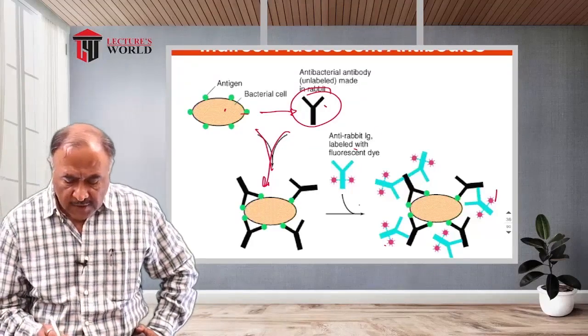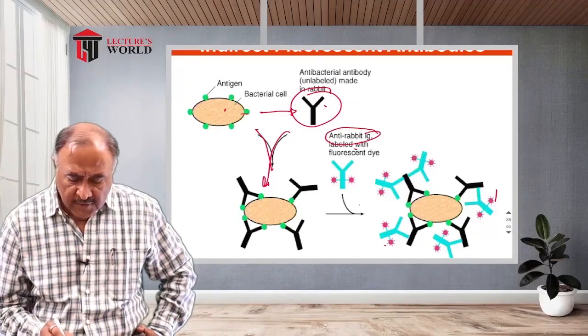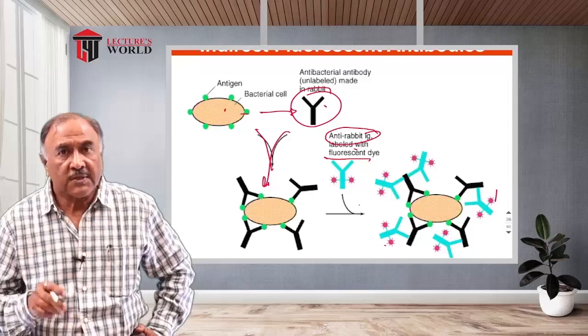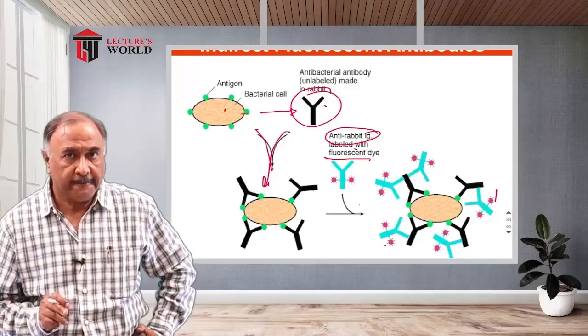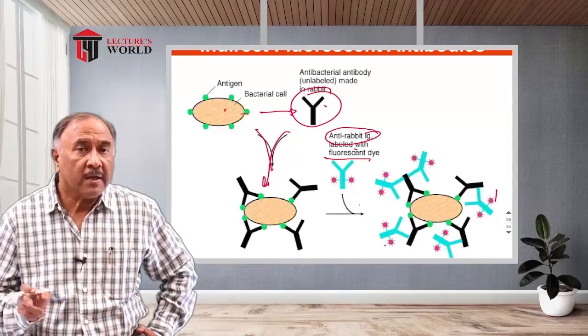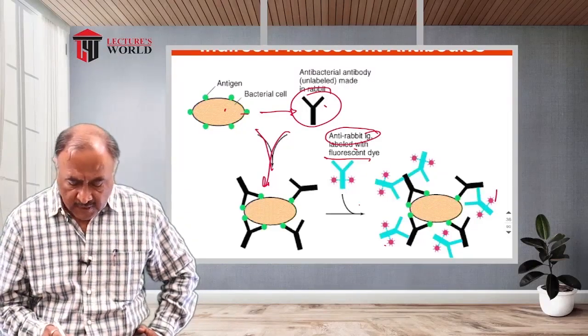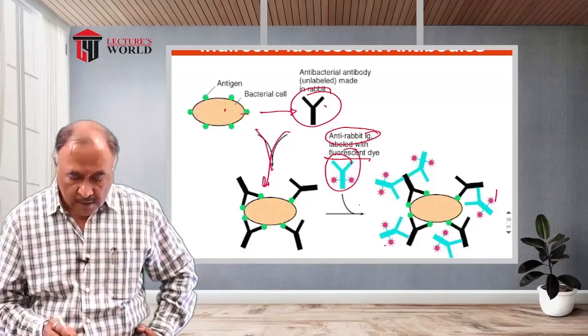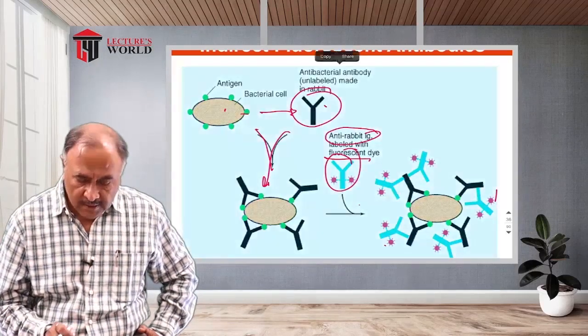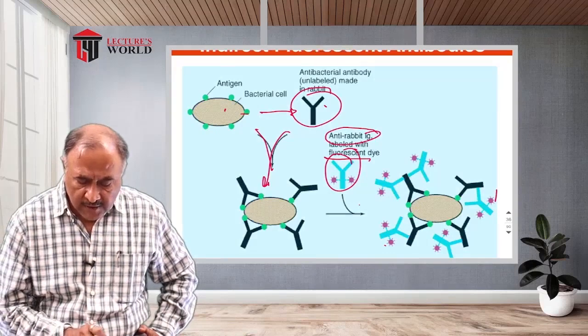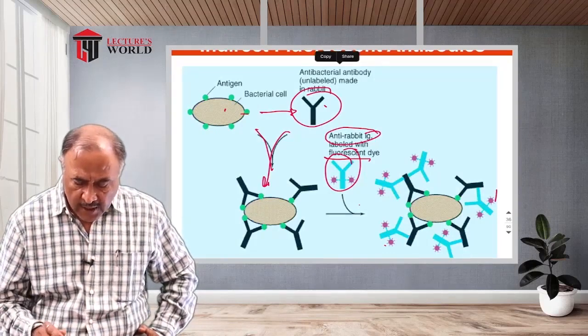So, it is reacted with anti-rabbit IgG which is labeled with fluorescent dye. So, it is an antibody against the first antibody. This is the one in blue color. The primary one was in black color. As you can see, this color is used for differentiation, and this is the tagging done here.